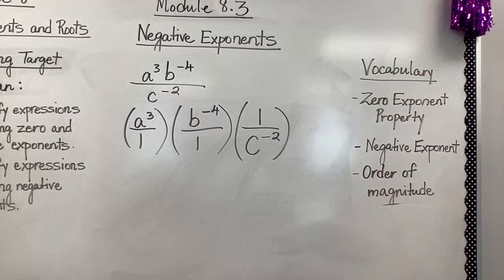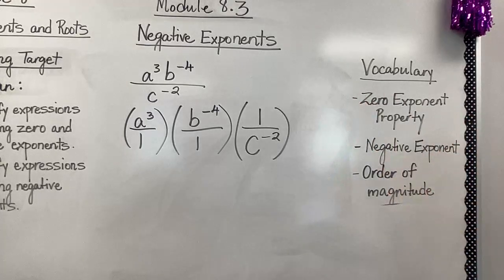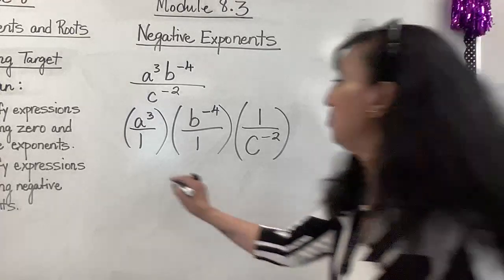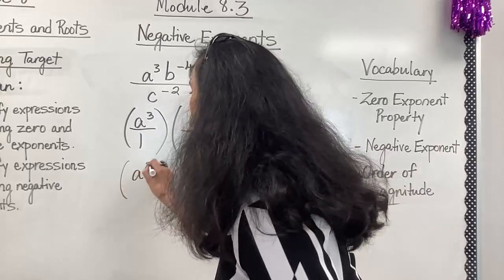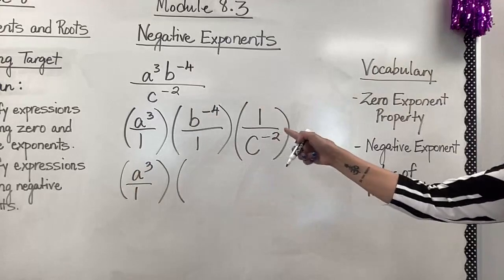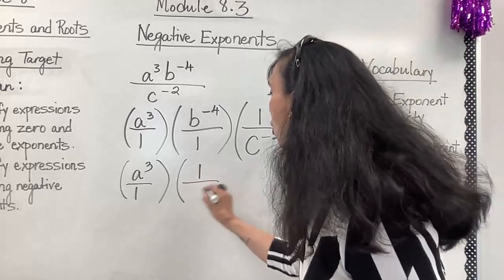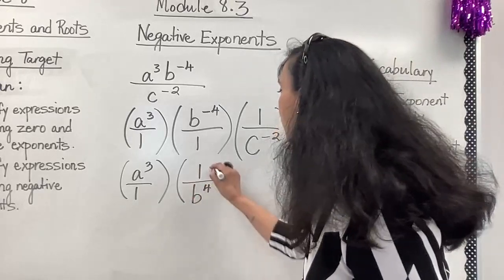Okay, and then I am going to use the negative exponent property, and I am going to do a cubed over 1. All right, and what is going to happen here? That is going to become the reciprocal. So 1 over b to the 4th power.